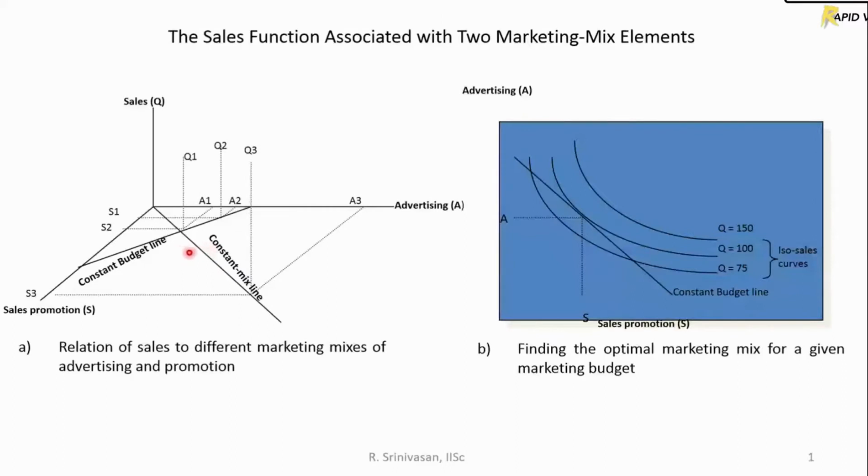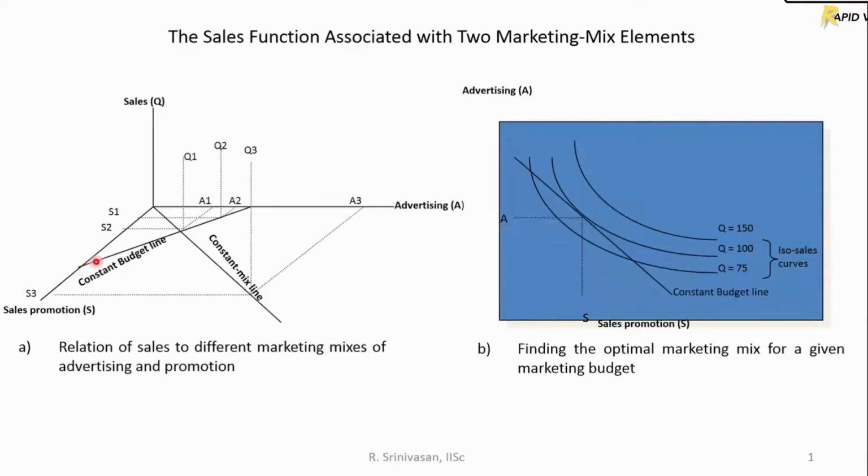You can adjust the amount spent on advertising and the amount spent on sales promotion. So this graph, which is in the isometric view, that is a three-dimensional graph, presents to you the constant budget line. It also presents to you the constant mix line.